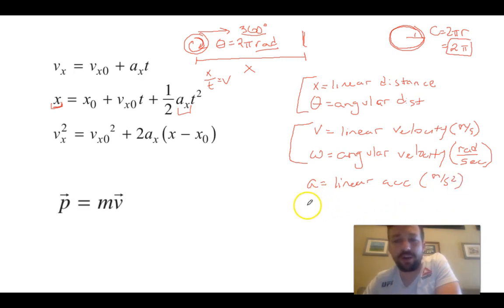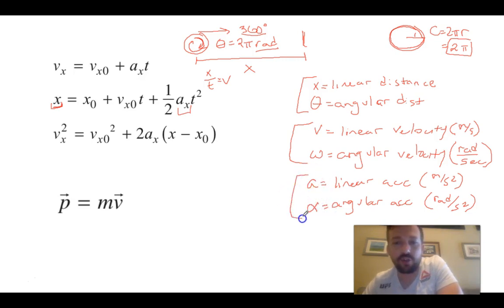Well, angular acceleration is how fast it's speeding up, in radians per second squared. So angular acceleration is not meters per second squared, but radians per second squared. And the variable we use to denote that is a lowercase alpha, and it looks like a little fishy, okay?